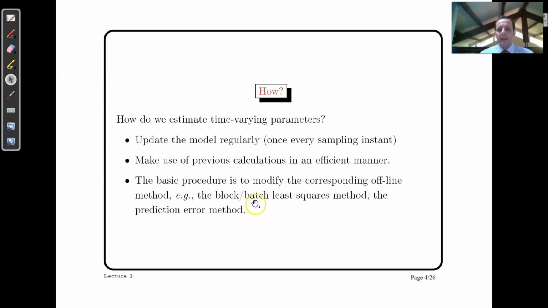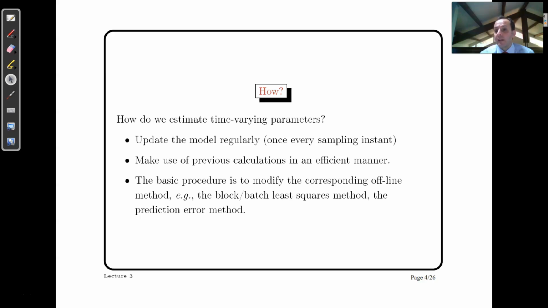So we are modifying the classical, the so-called block or batch least square method, in order to obtain a more efficient algorithm. Of course, you can also modify the prediction error method, but normally, as far as I saw in some projects we had with industry, they implemented the recursive least square.